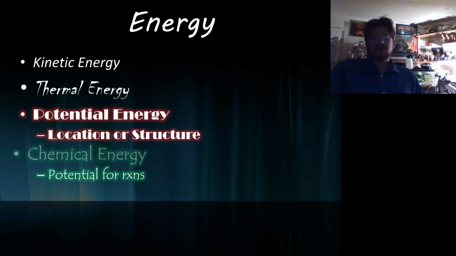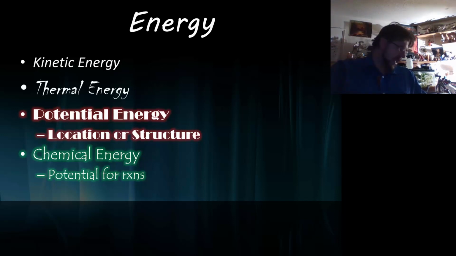And when we talk about chemical energy, that is potential energy available for reactions from the chemical bonds. So the way the bonds are in the molecule determines the amount of potential energy available for chemical reactions.